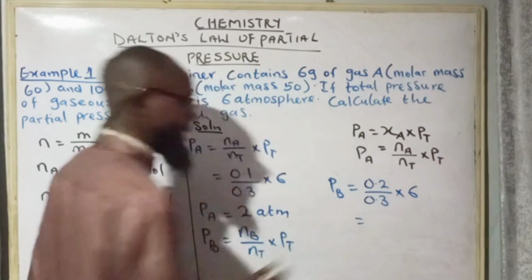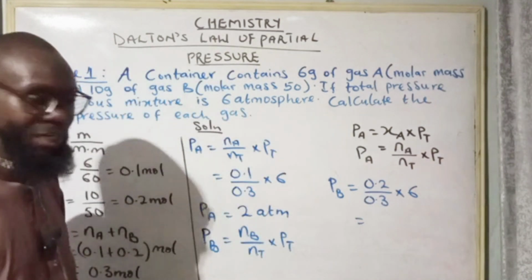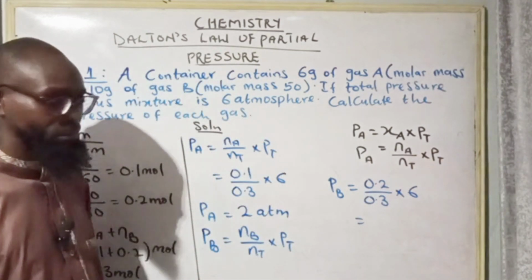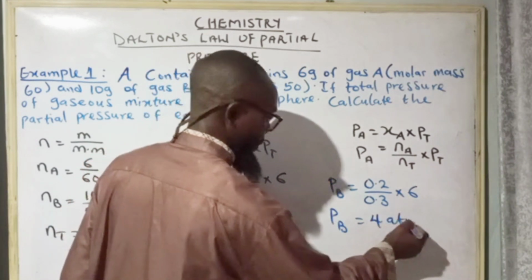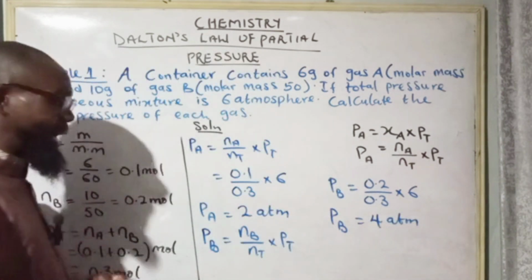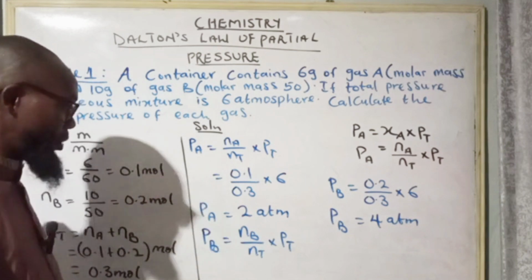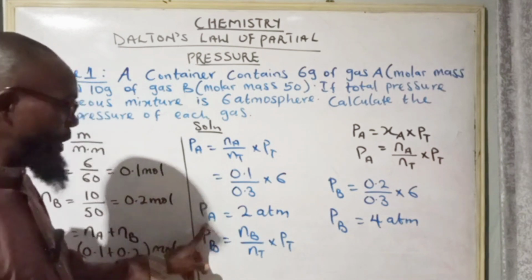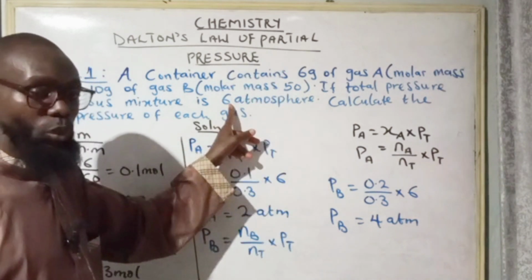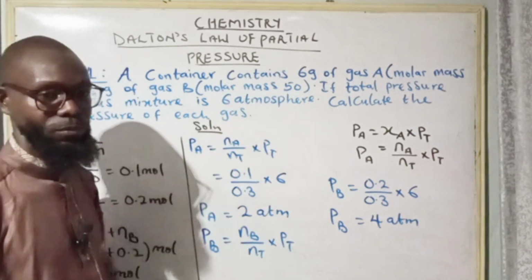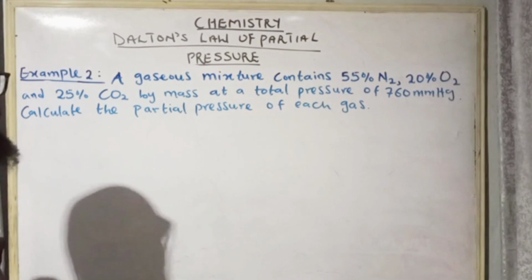So when you multiply 0.2 times 6 and divide it by 0.3, PB equals 4 atmosphere. So that is the partial pressure of B. When we add the partial pressure of A to that of B, it gives us our total pressure here, which is 6 atmosphere.